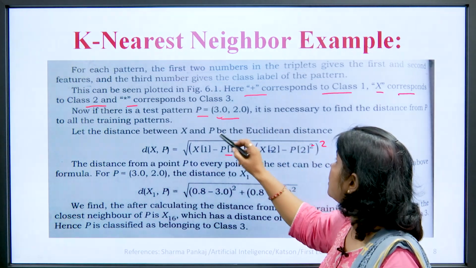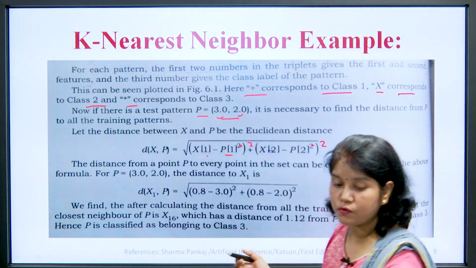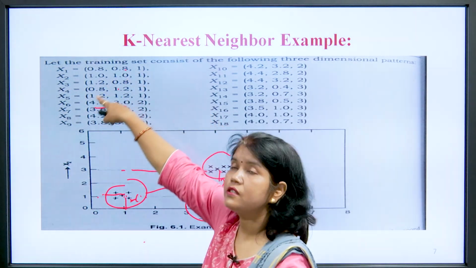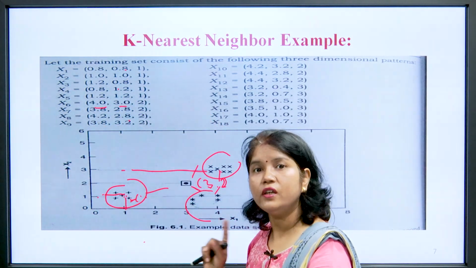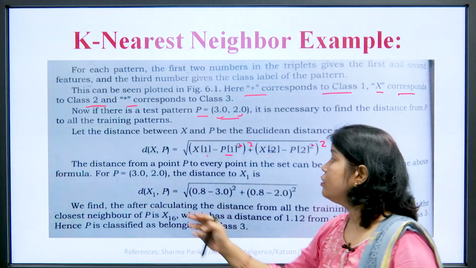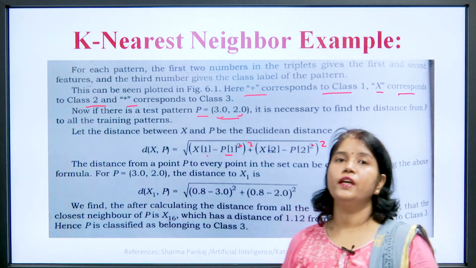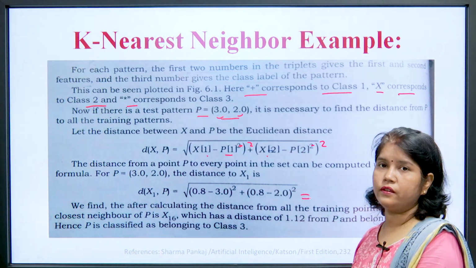This one is p1, this one is p2, and x1 and x2 are the given pattern, the given coordinate, which is already decided. You will take the whole of that under the root and find the answer.